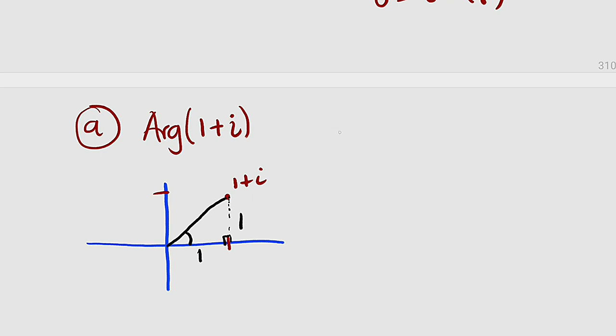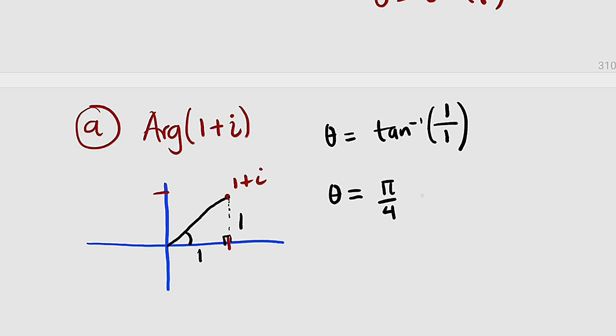So by applying that formula that says theta is equal to tan inverse of the opposite divided by the adjacent, 1 divided by 1 is 1, and tan inverse of 1 is either pi over 4 or 45 degrees. So therefore theta is equal to pi divided by 4 or 45 degrees.